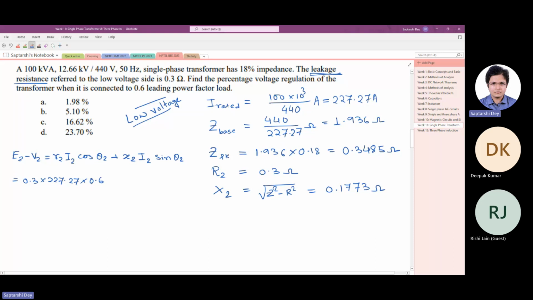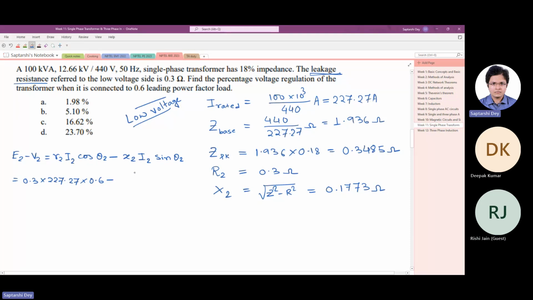It is leading power factor. I told you that this one is calculated for lagging power factor. So we have to put a negative here. The question is given leading, so basically we are just replacing theta 2 with minus theta 2. Cos theta 2 does not change, sin theta 2 becomes minus sin theta 2. That's why the minus comes here.